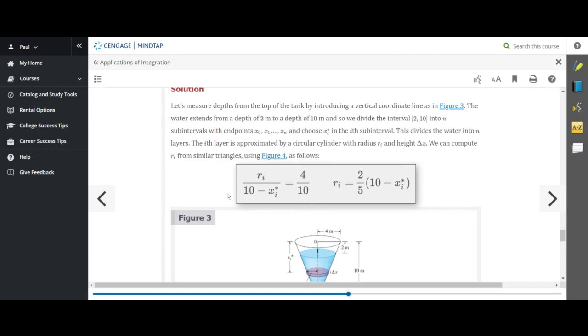Multiply both sides of the equation by 10 minus x sub i, and r sub i equals 2/5 times 10 minus x sub i. All right, are there any questions on that before we move on?